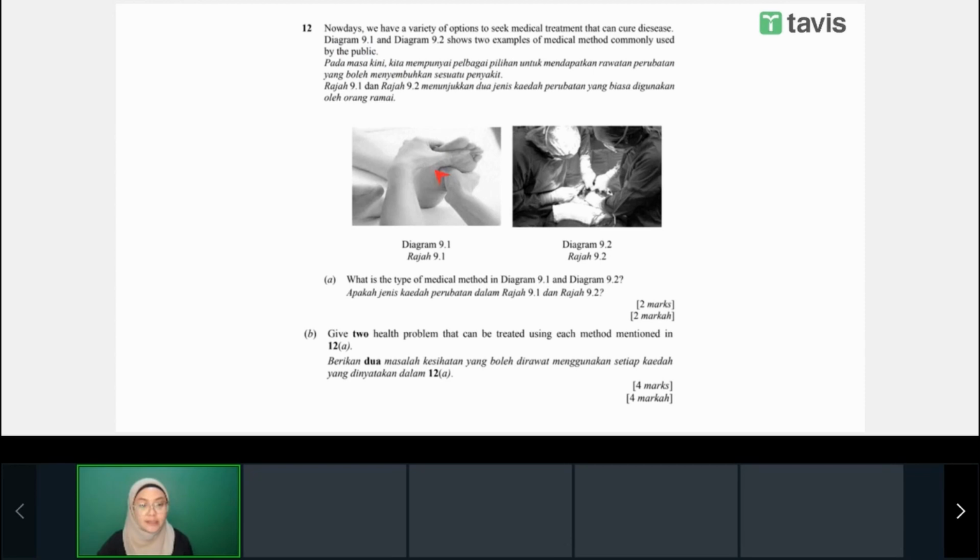Let's see what diagram 9.1 is and what diagram 9.2 is. This diagram 9.1 is the traditional massage.